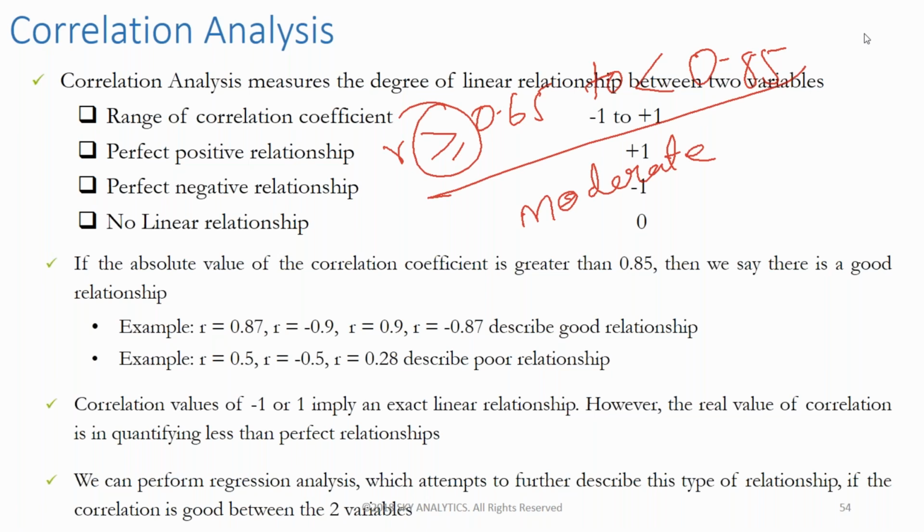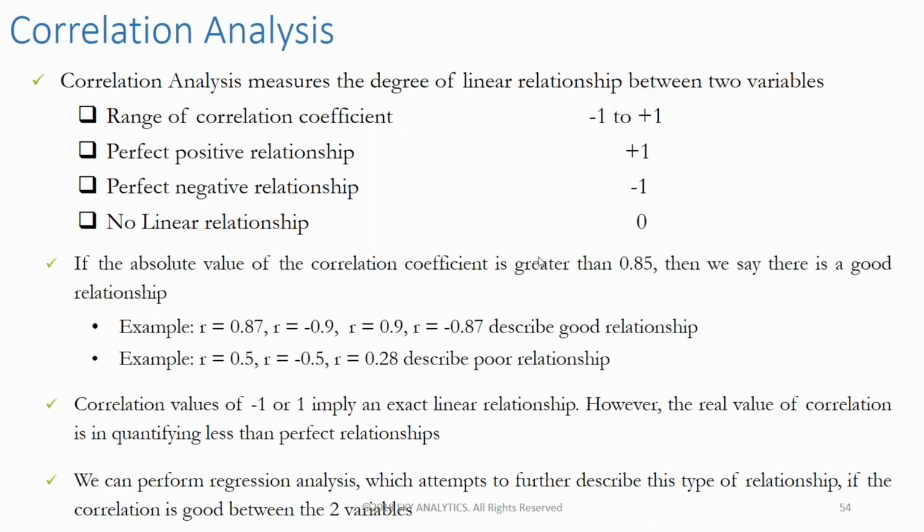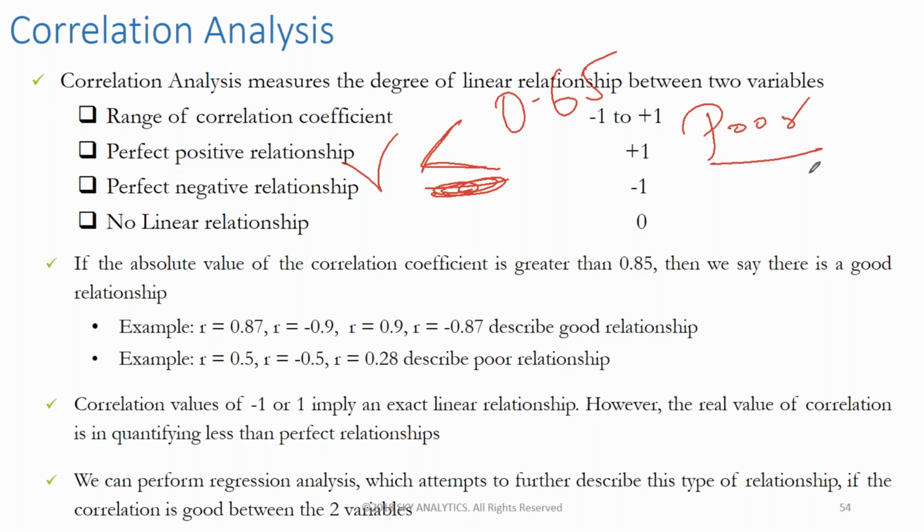Remember that. That is your common sense, Bhupendra. Yeah, less than means less than or equal to; in the sense it will not be equal to, it will be only R is less than 0.65, it is called poor correlation. You cannot add less than or equal to for both the sides, right? So that is the reason I'm writing it as less than 0.65, it is called poor correlation.